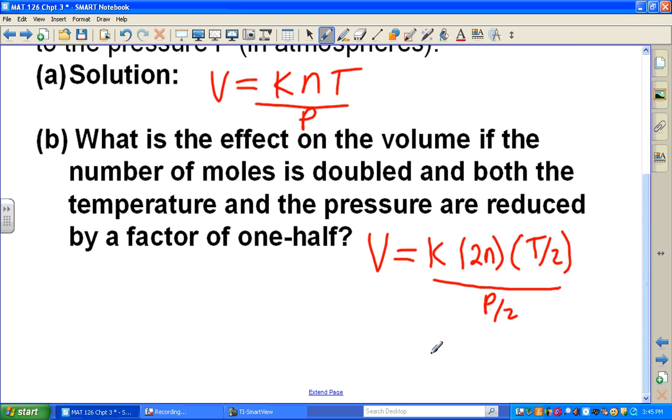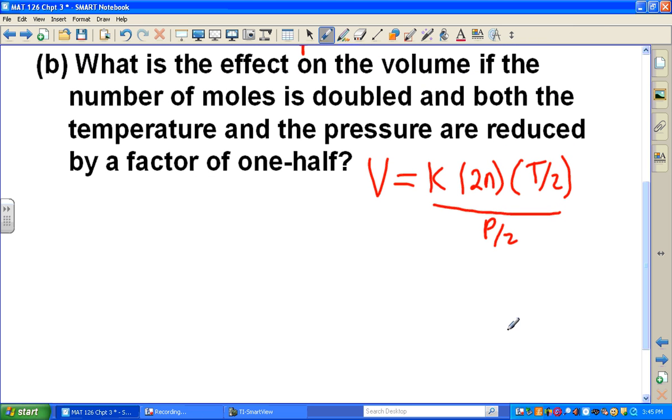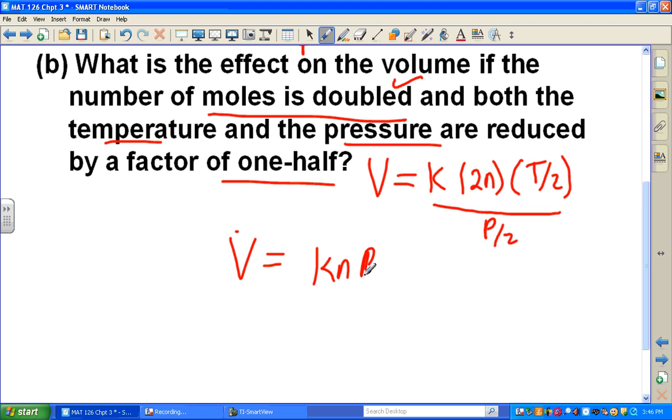Did the moles doubling, check. And both the temperature and pressure are reduced by 1/2, check on that too. Well, that means that V equals K N T over P over 2, right?